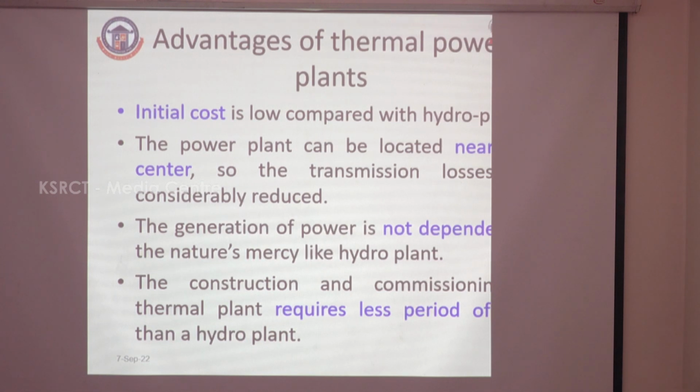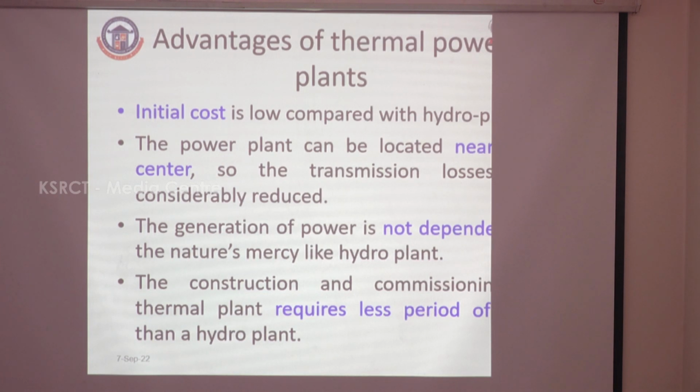The second advantage is that the power plant can be located near the load center, so the transmission losses are considerably reduced compared to a tidal power plant. The third advantage is that the generation of power is not dependent upon the nature of the water, because a tidal power plant fully depends upon the water.